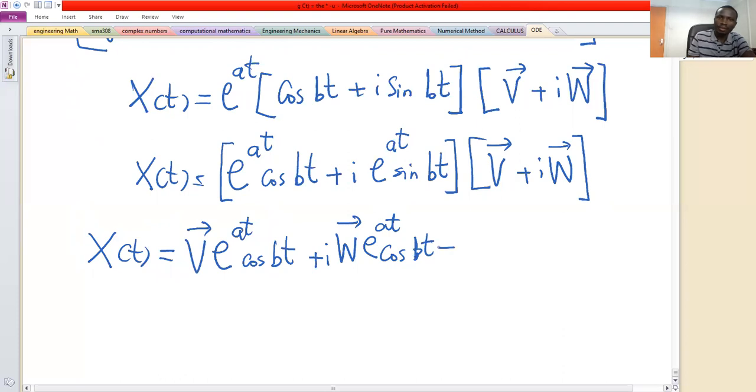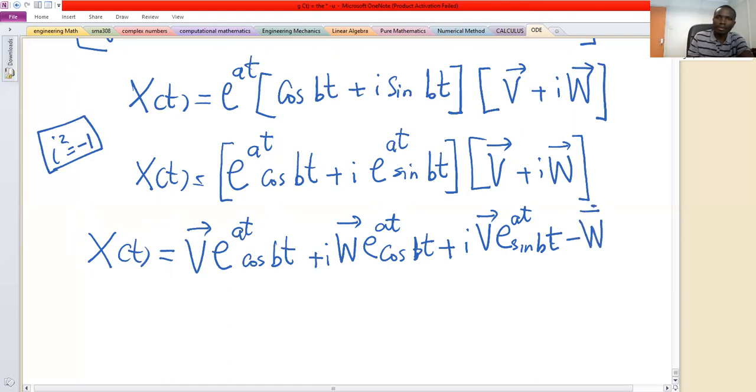This by this will give me plus i v e raised to the power a t sine b t. Now this by this, i times i is i squared, and i squared is the same as -1. So I'll have a negative sign, and then w e raised to the power a t sine of b t.